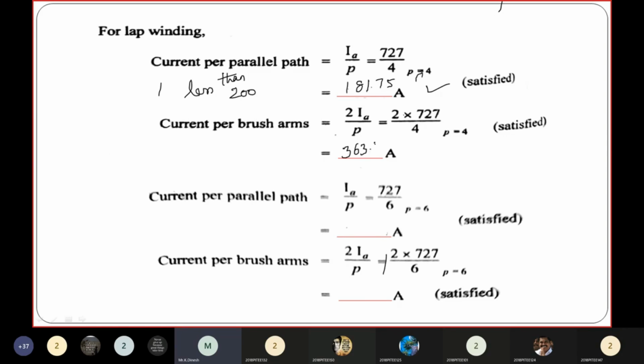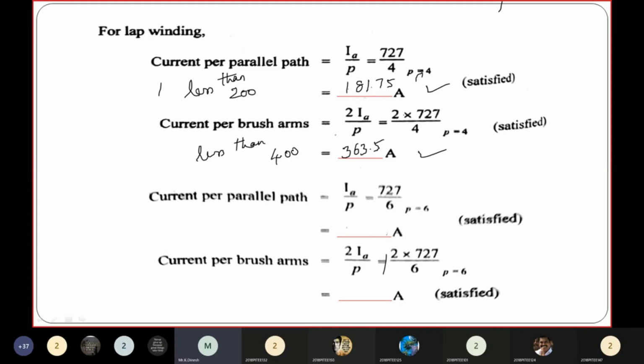So it is satisfied, less than 400. So with P equal to 4, both current per parallel path and current per brush arm are satisfied. So we may check P equal to 6 also.